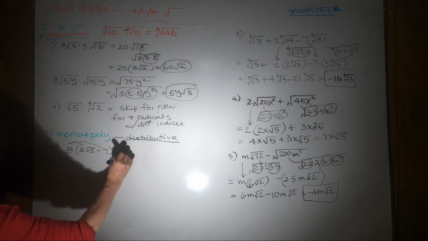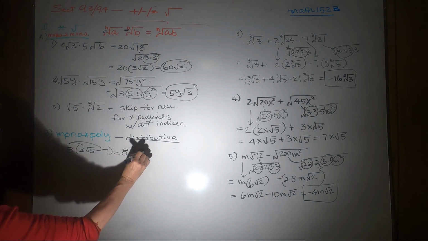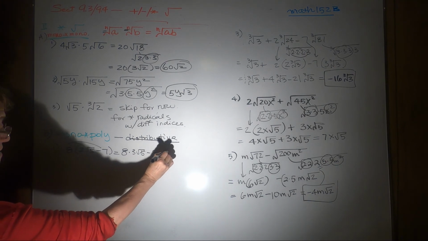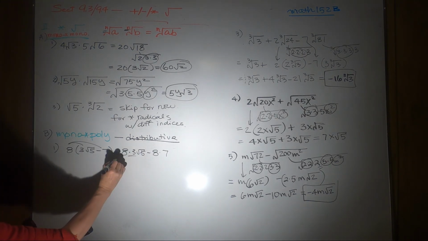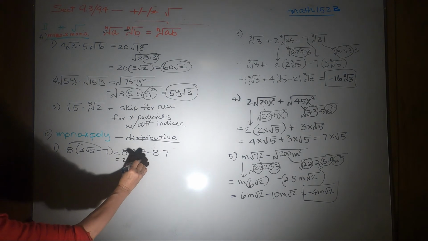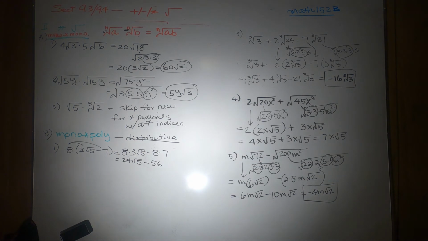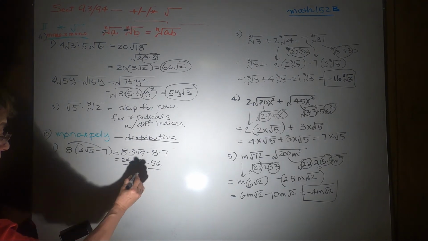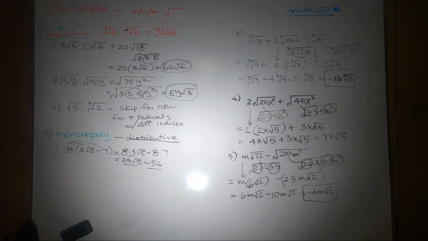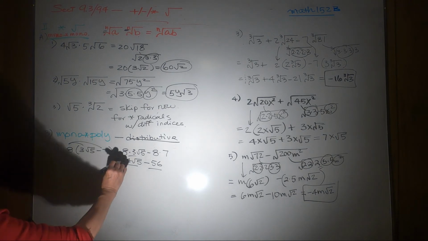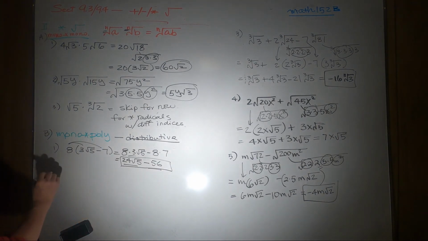You have 8 times 3 square root of 5 and 8 times 7. So for the first term, 8 times 3, 24 square root of 5, minus 8 times 7, 56. Can we simplify them anymore? Don't combine them because you have two terms. Are they alike? No, so they are not like terms. We cannot combine them. Okay, remember that.